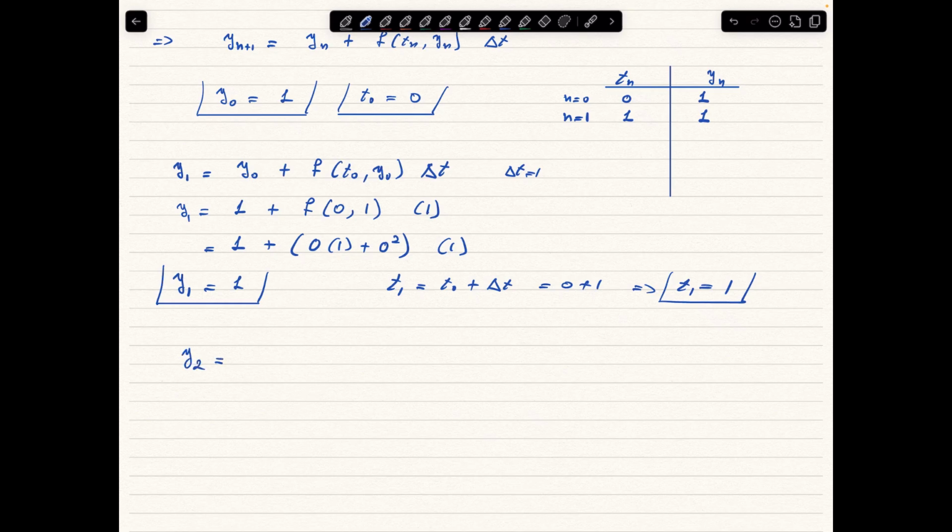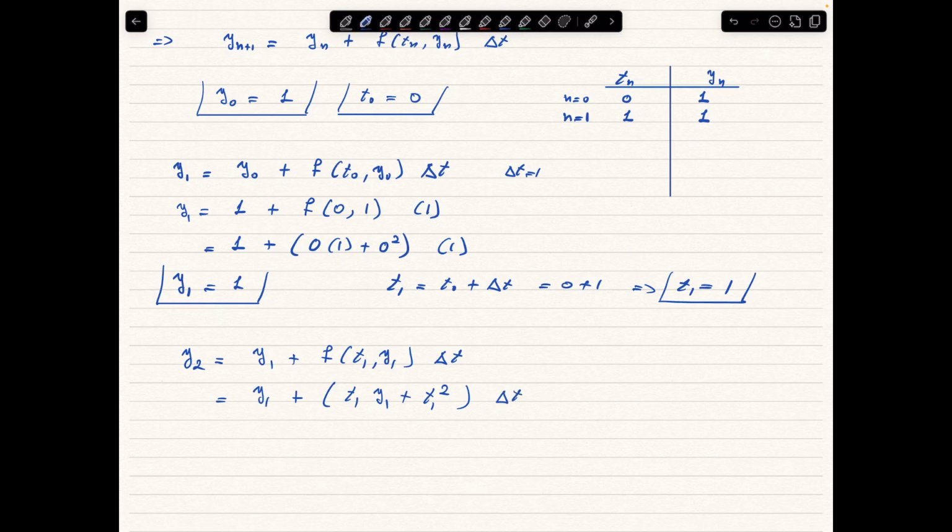What is y2? y2 is going to be y1 plus f at t1, y1 times delta t. So now let's replace. y1 is 1 plus f, which is t1 times y1 plus t1 squared, times delta t.